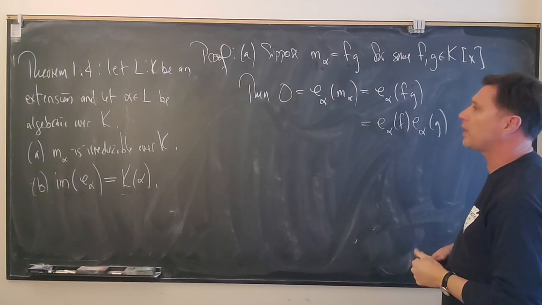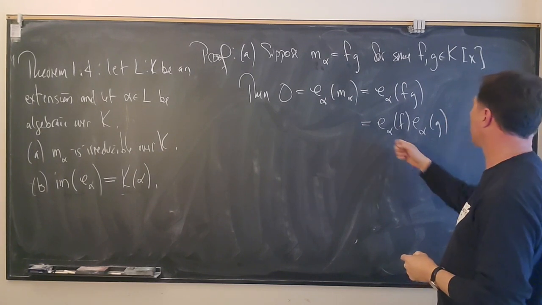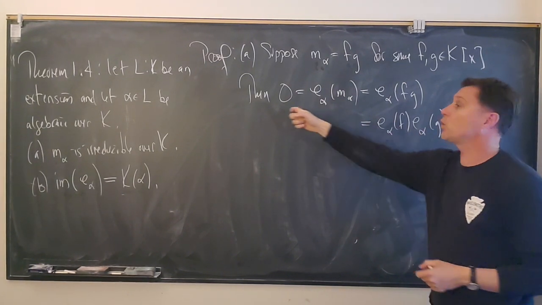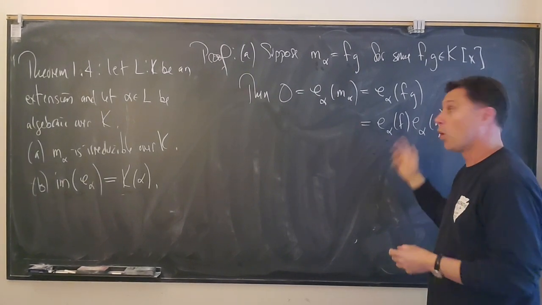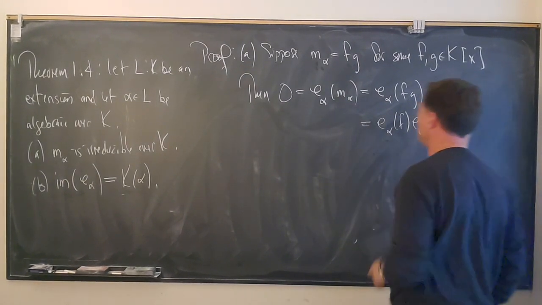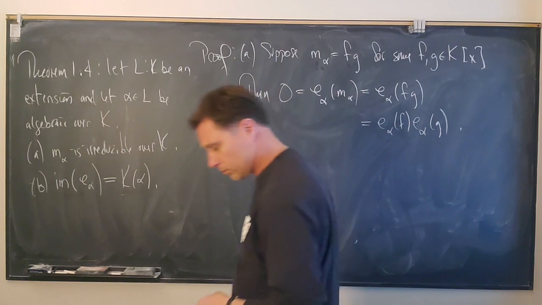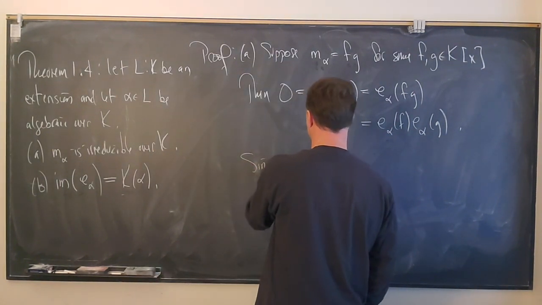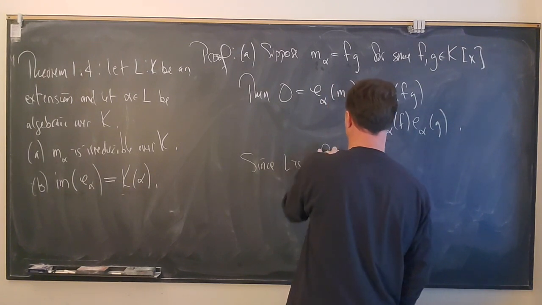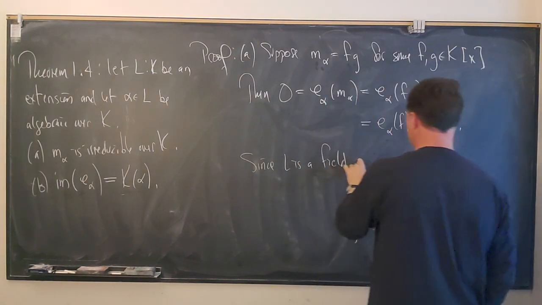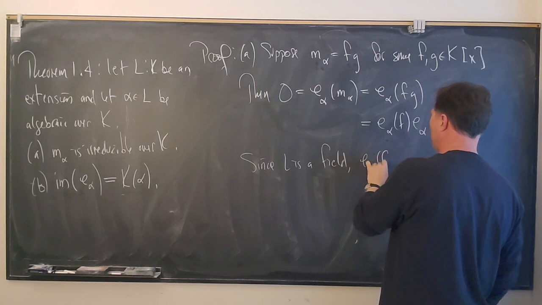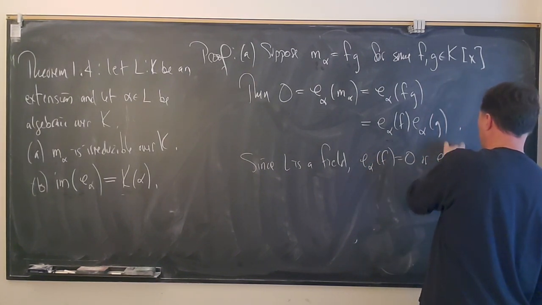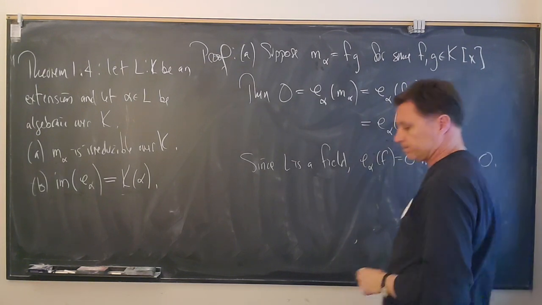This is happening in L, right? And so in L, we have a product of two elements equal to 0. That means that at least one of them has to be 0. So since L is a field, E sub alpha of f equals 0, or E sub alpha of g equals 0.